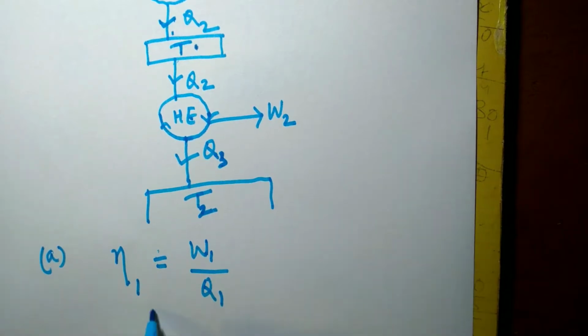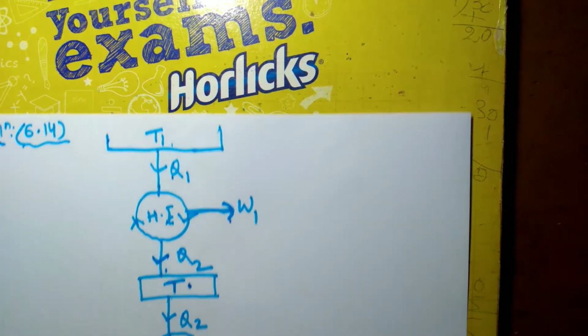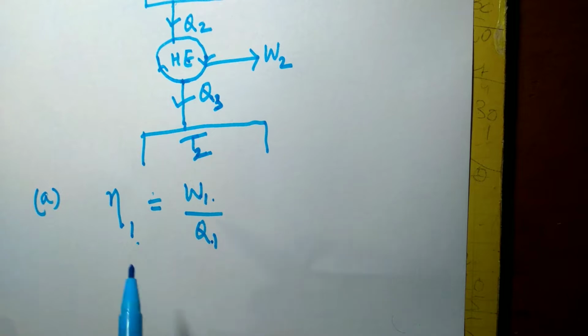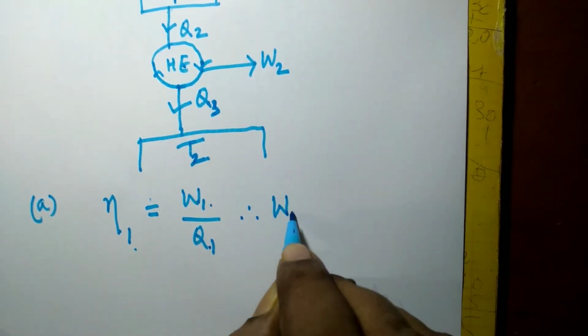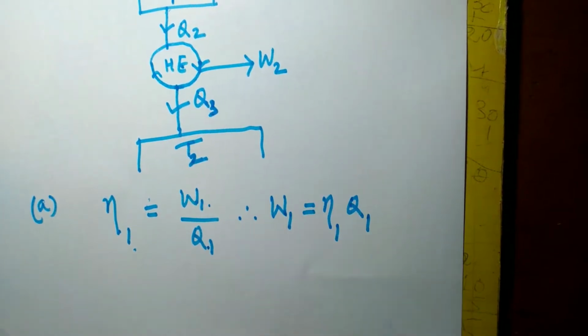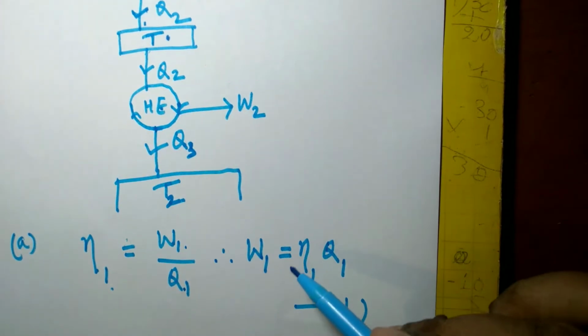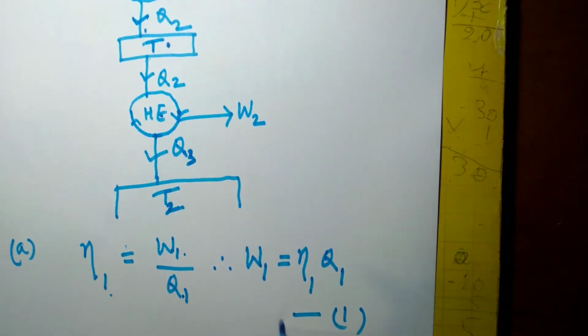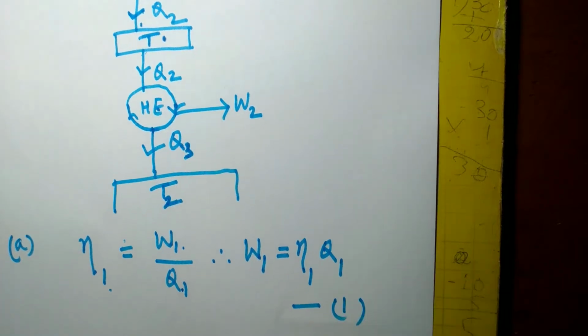So efficiency of engine 1 is nothing but W1 by Q1 here, because W1 is the work output and Q1 is the heat input. Suppose this is equation 1. That means the work output of the first engine is the product of its efficiency and the heat supplied to it.